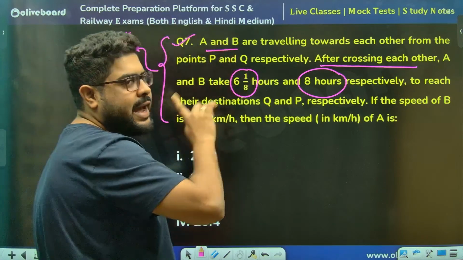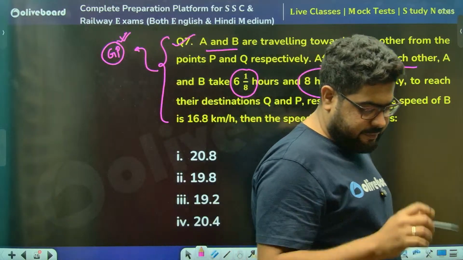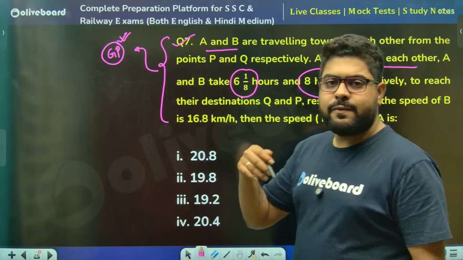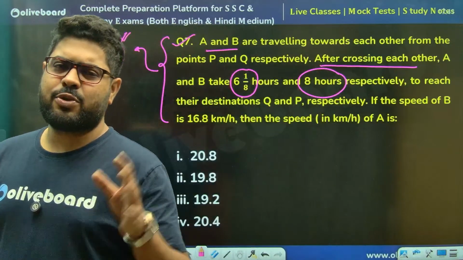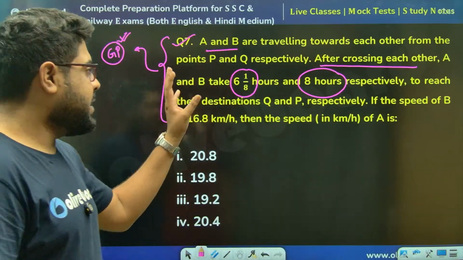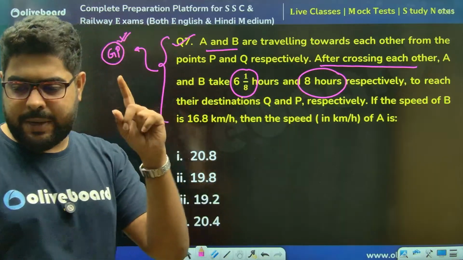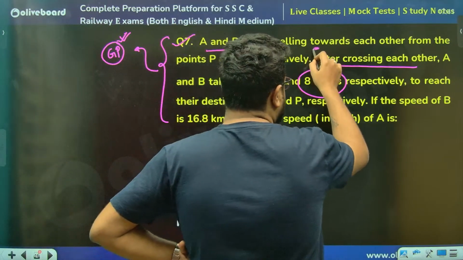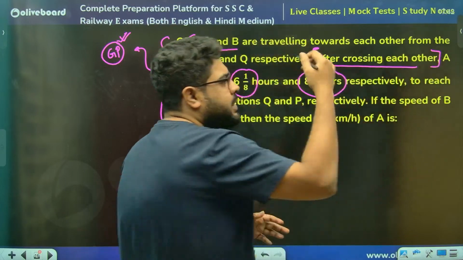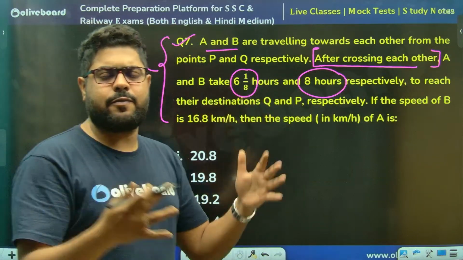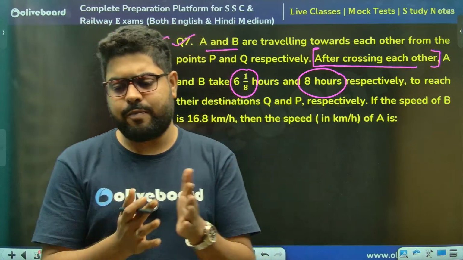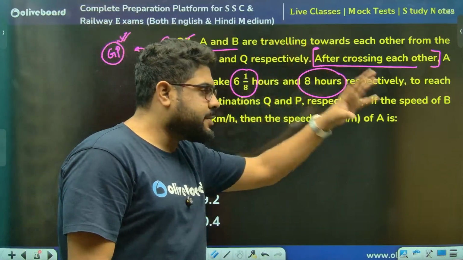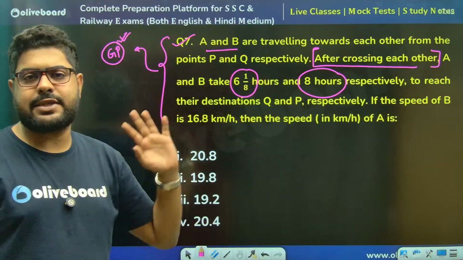I have explained this with diagrams in my foundation batches especially, and shown the proofs, because understanding is very important. But for you, there isn't that much time right now. So please understand, if after crossing each other, a couple of trains, bikes, cars, persons, any story, they are taking this much time to reach the destination.